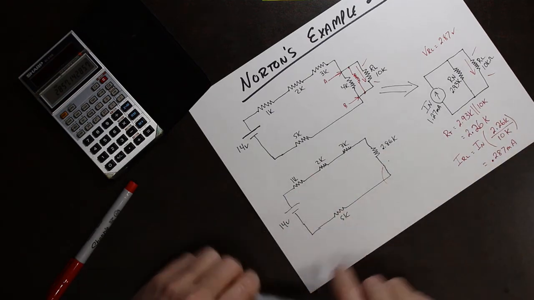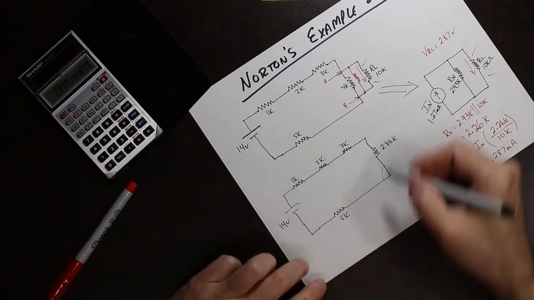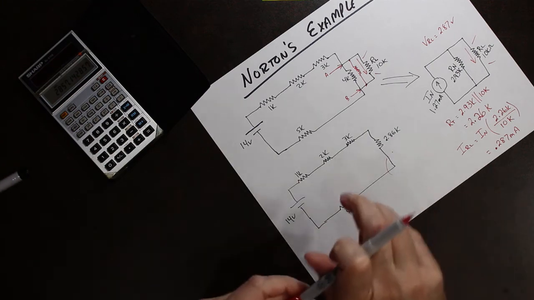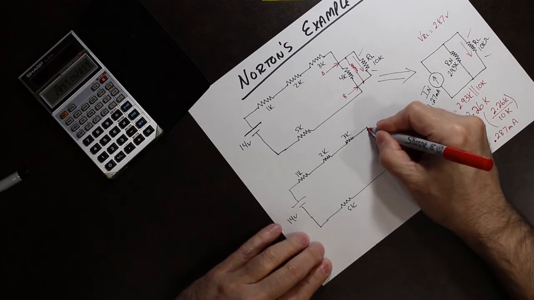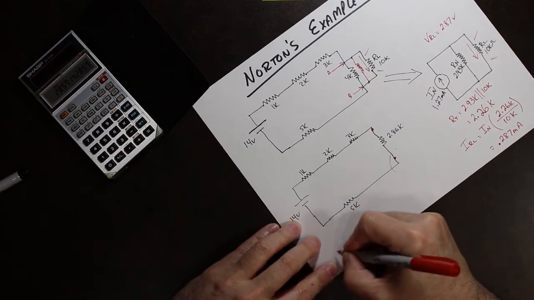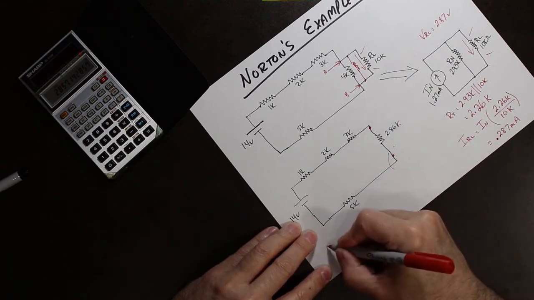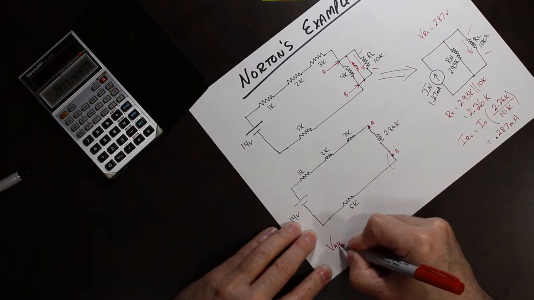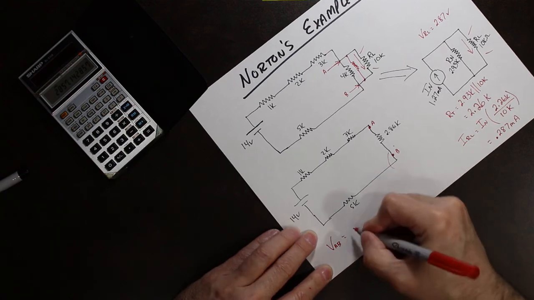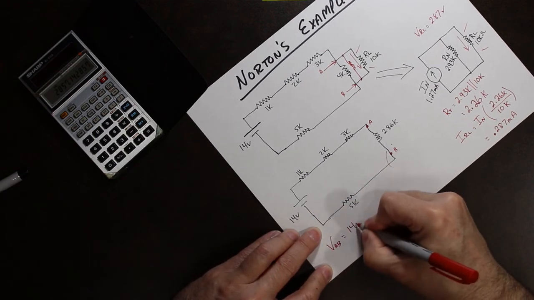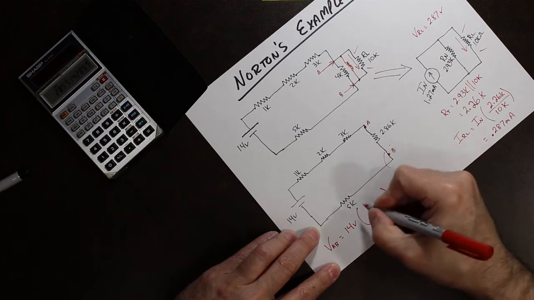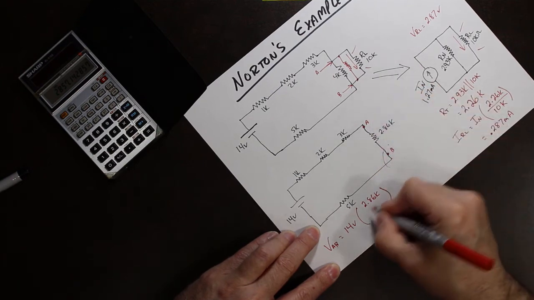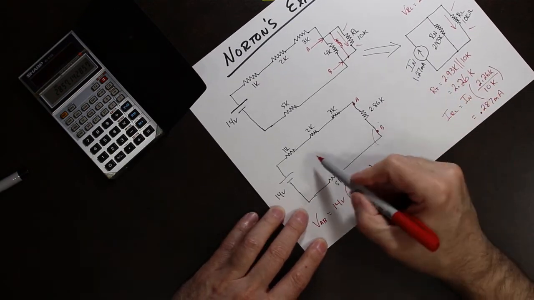So, a simple little circuit. Now we can easily find our voltage across this resistor by using the voltage divider formula. The voltage from A to B is equal to the total voltage, which is 14 volts, times 2.86K, that's the value of that one, divided by our total of that circuit.